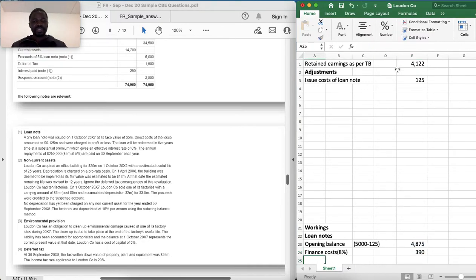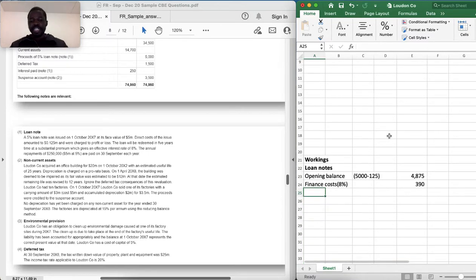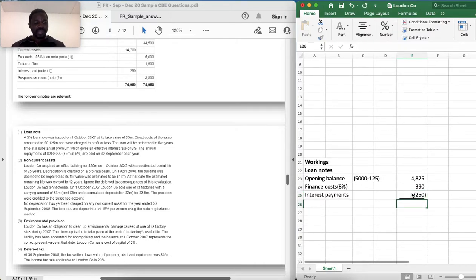Then we need to subtract the interest payment. We are given the interest payment of 250. That is the interest payment that we paid, that we see there as 250. So we subtract 250. Then after subtracting 250, we get the closing balance of the loan note.